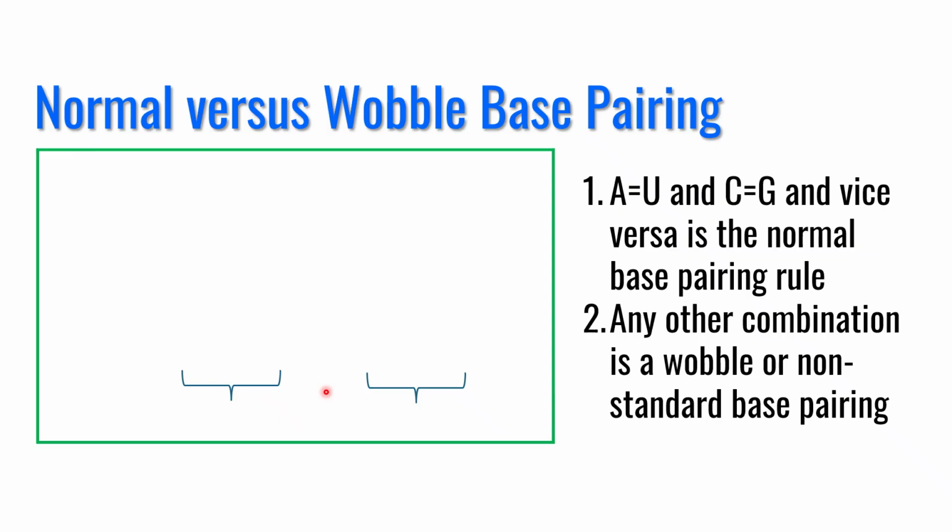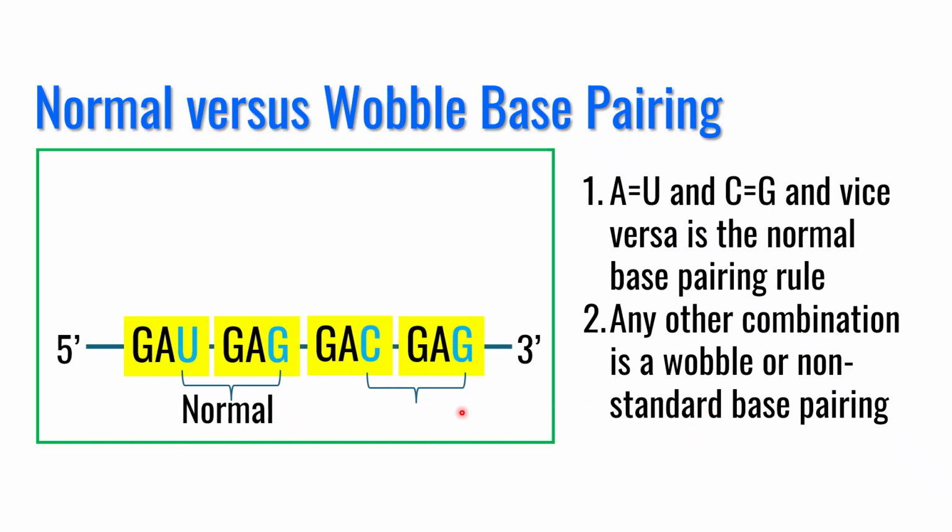Before we move forward to hypothesis, let us discuss normal base pairing versus wobble base pairing. According to normal base pairing rule, A binds with U, C binds with G and vice versa. Any other combination is a wobble base or non-standard base pairing. For example, in this case you have 4 genetic codes here.